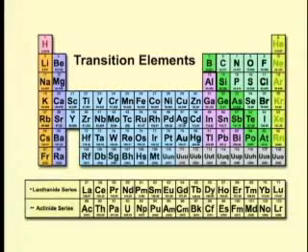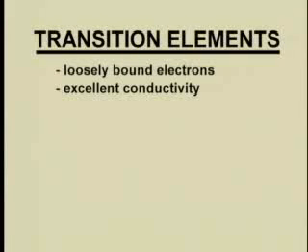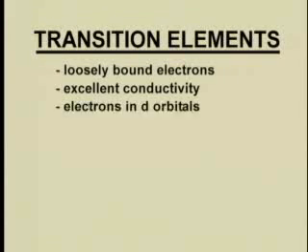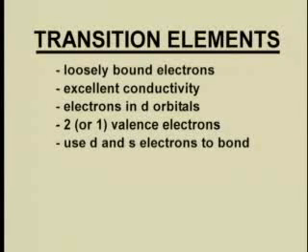Transition elements share many common properties, which stems from the similarity in their electron configurations. Because their electrons are loosely bound to the positive nucleus, some transition metals are excellent conductors of electricity. Transition elements will use electrons from both d and s sublevels to bond with other elements.